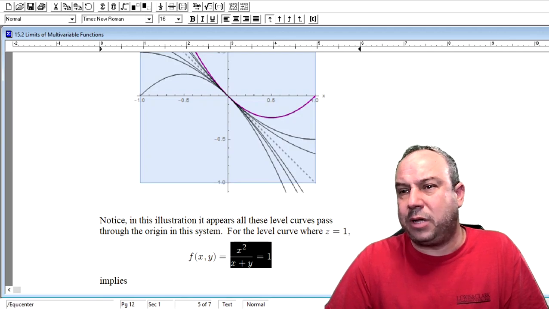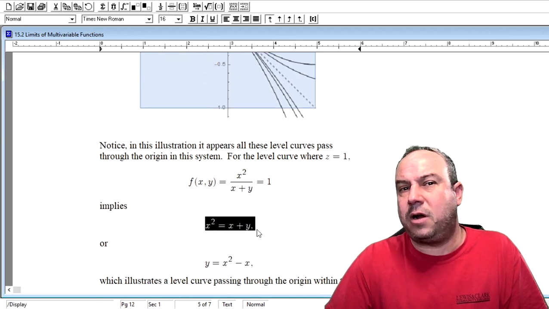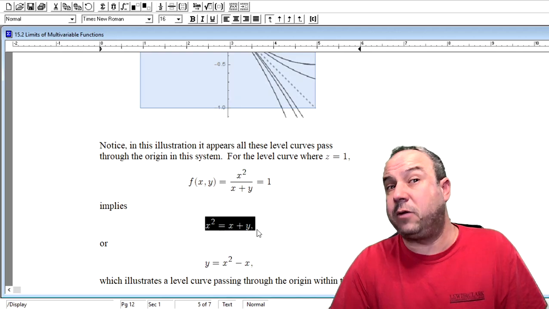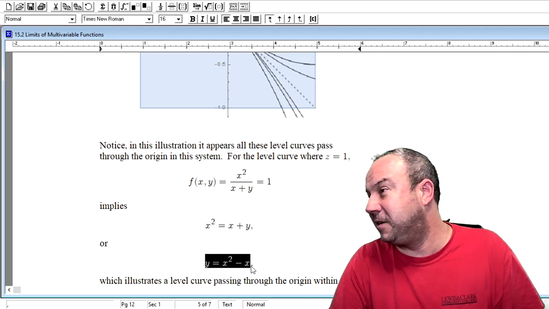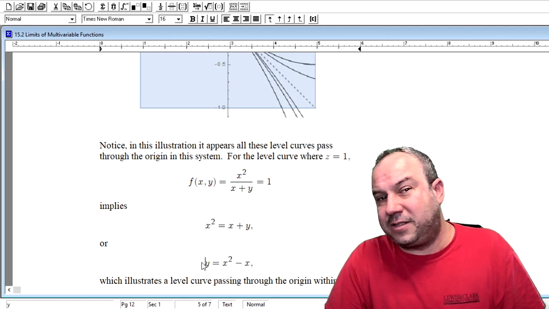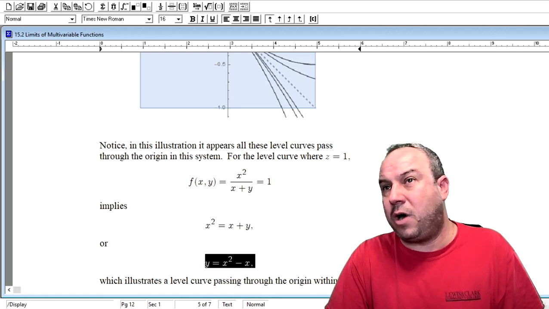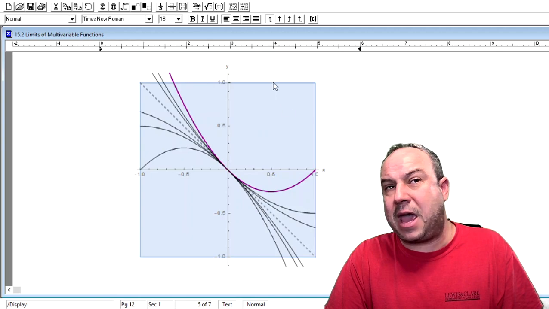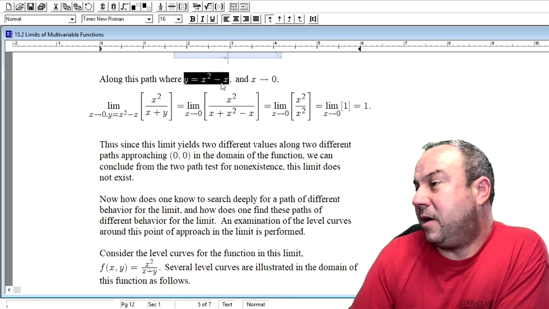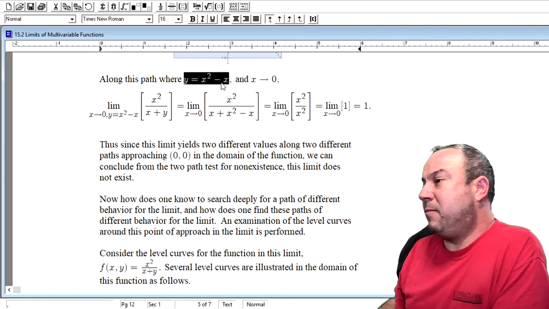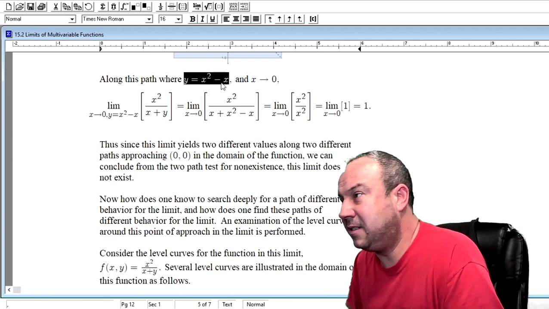Which implies x squared would be equal to x plus y, or y must be equal to x squared minus x. Notice this description of y. That is the path that I used to prove non-existence up above. That is how I found that mysterious path of non-existence.